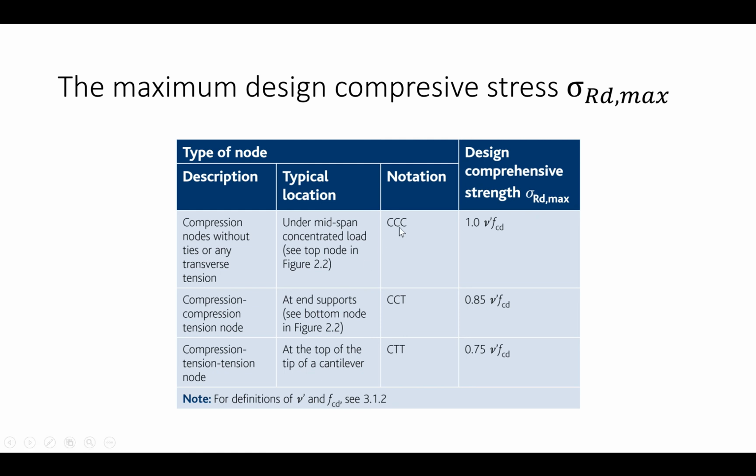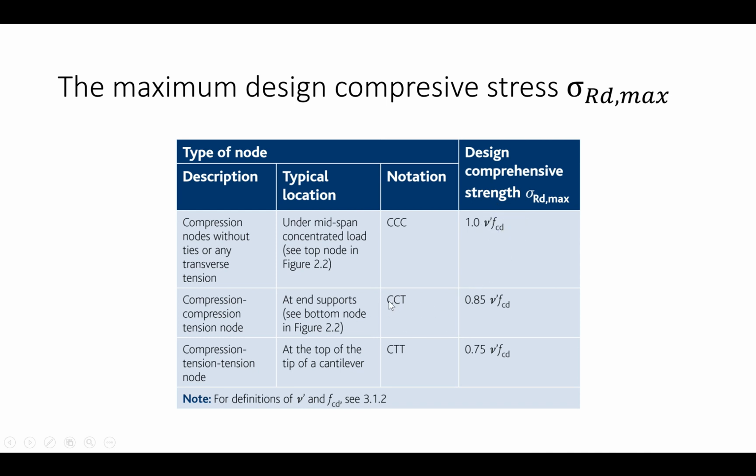Why do we have to classify the node as CCC, CCT or CTT? Because we have to choose the design compressive strength according to each node. If pure compression, we can fully apply 1.0 times Neufrim SCD, or the design strength of concrete.